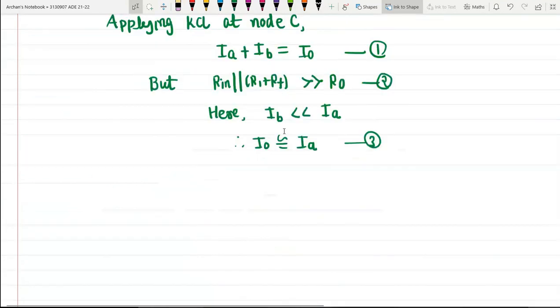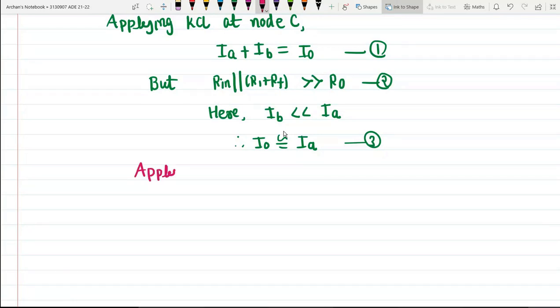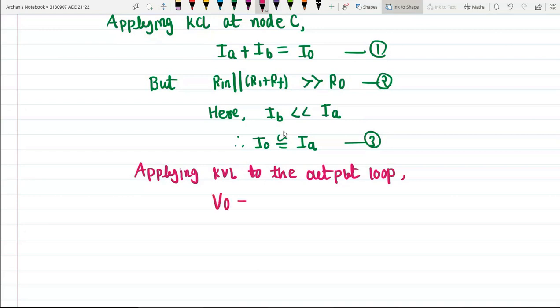Applying Kirchhoff's voltage law to the output loop, we get the equation: V0 minus the drop across the output resistance, which is I0 times R0, minus the voltage source AOL times VD, is equal to 0.